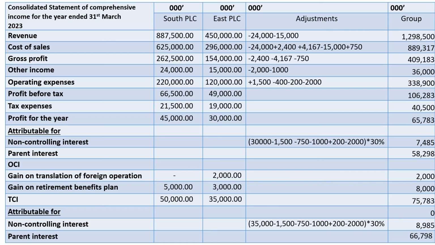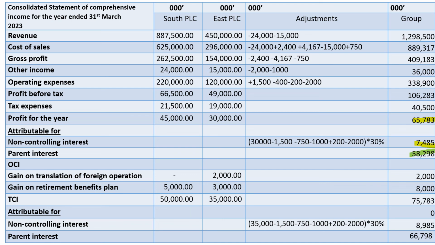Please note that from the profit after tax, that is 65,783, we have obtained the profit attributable to non-controlling interest, and then we have transferred the balance to the parent, that is 65,783 minus 7,485.